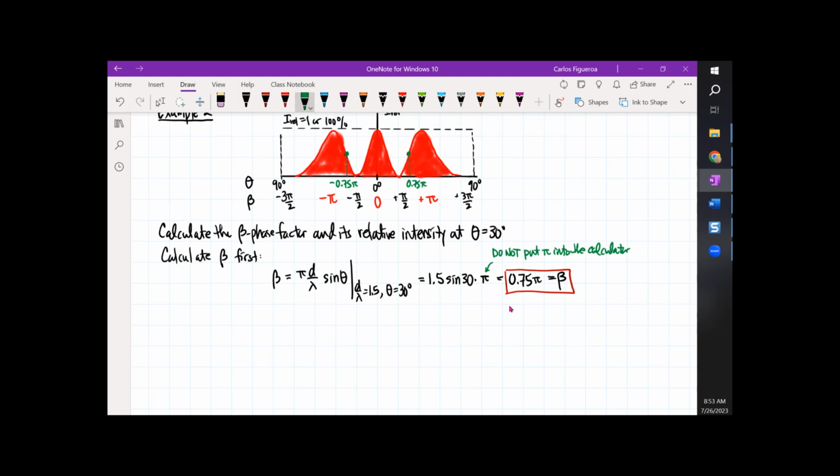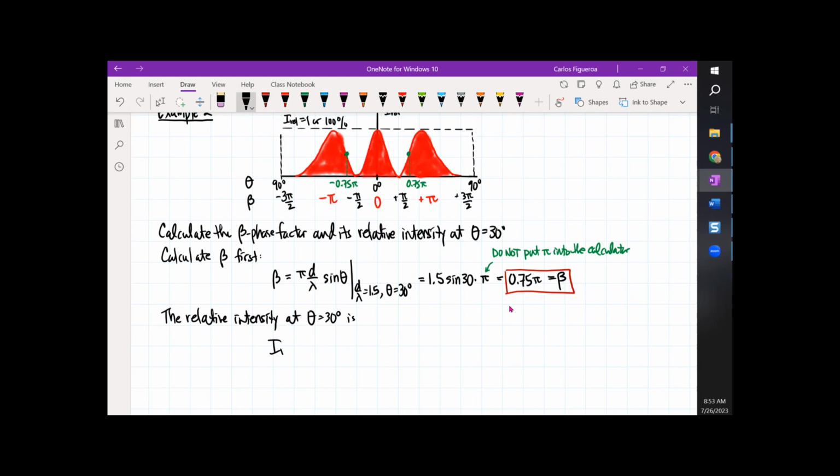So now that I have that, let's go calculate the relative intensity there. The relative intensity at theta equal to 30 degrees is then going to be this here.